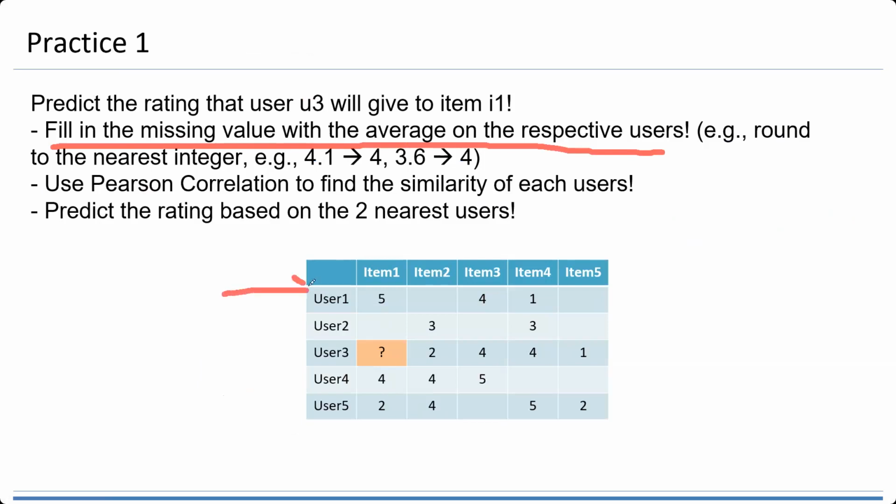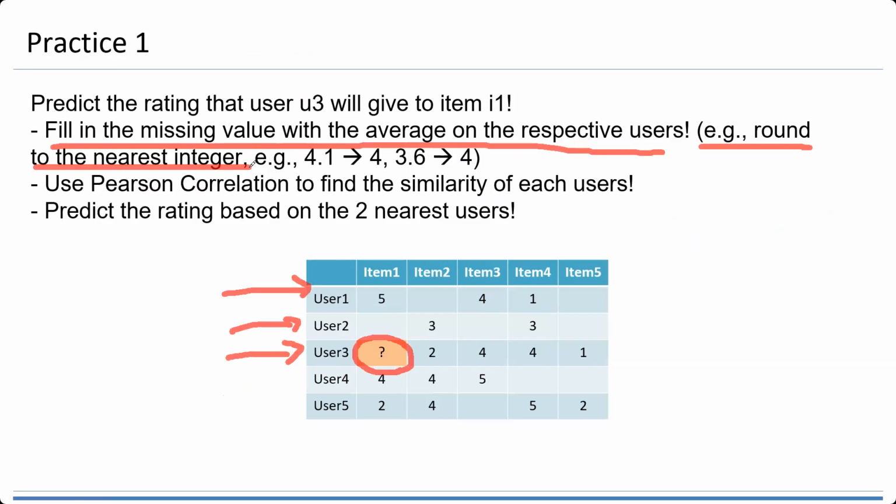Because we want to predict this one, you can just skip filling in this missing value, and after you have the average, you can round.